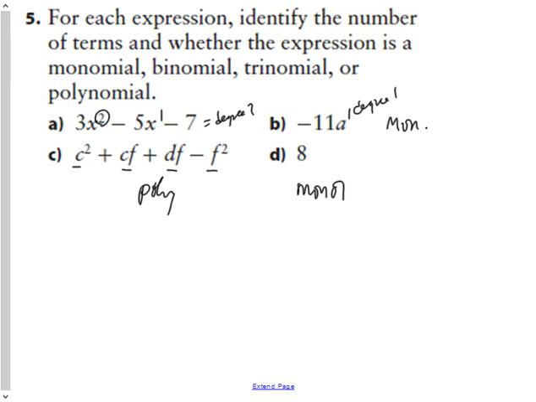This one has a degree of 2, because C and D both have 1, and F has 2. So the degree of the entire polynomial, since there's 4 terms, is still 2, because of those 4 terms, the highest degree is 2. And 8, being a constant with no variable, has a degree of 0, because for the exponent to count towards its degree, it must be attached to a term with a variable.